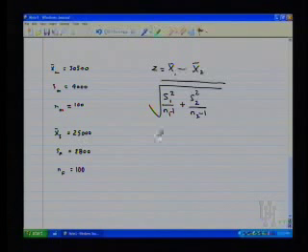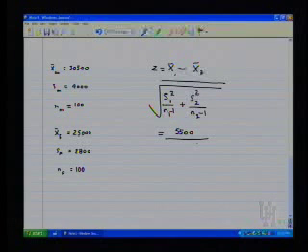This equals X bar 1 minus X bar 2, would you agree, is $5,500. It's $30,500 minus $25,000 divided by the square root of S1 squared. S1 is 4,000. 4,000 squared is some really big number.